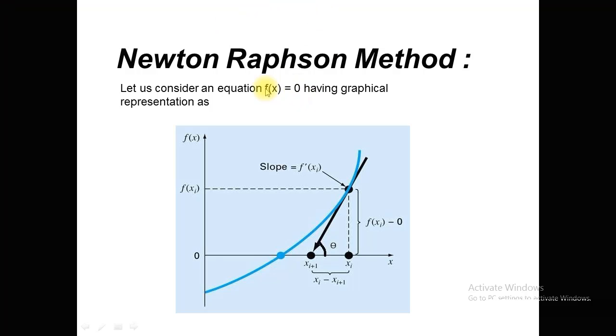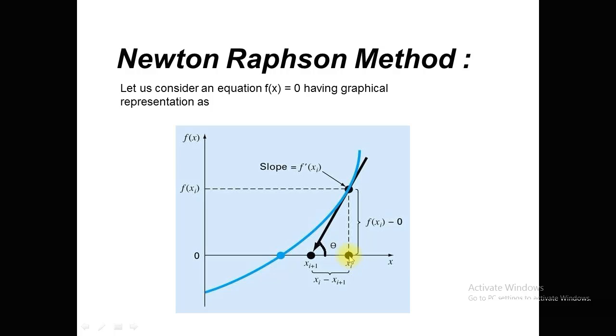Suppose we have a nonlinear equation f of x is equal to 0. Then the graphical representation of the Newton-Raphson method is that since the equation is nonlinear, it has a curve form graphically, and this is the slope of the given nonlinear equation. f dash means the derivative of the function at the point xi. Here this is the slope of the function.